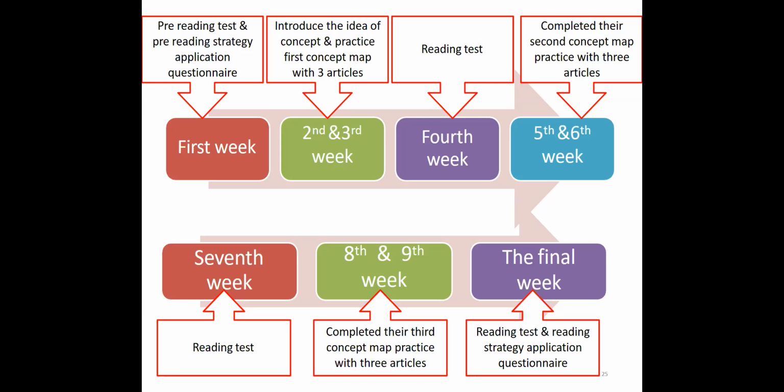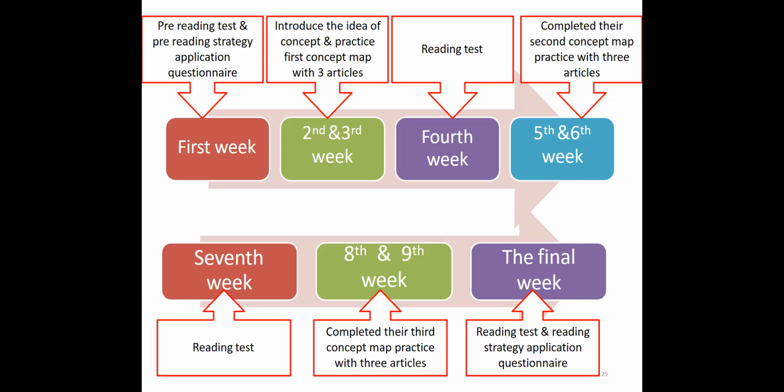The 4 classes of students, totaling 192 intermediate English proficiency level freshmen, participated collectively in the pretest during the first week, so that information about the subjects' English ability and reading strategies application could be collected. The researchers chose subjects from 2 classes as the experimental group and students from the other 2 classes as the control group.